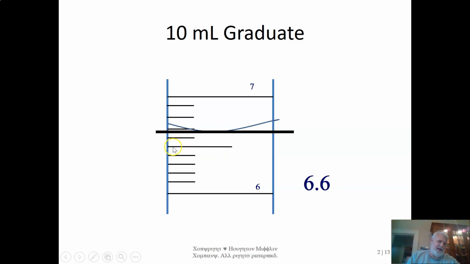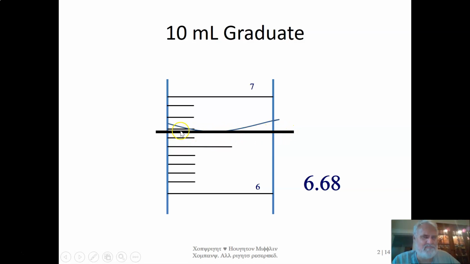Now here's the thing with significant figures and measurements. That last digit in an analog scale like this, you have to guess where that is. So you can see that it's a little past the halfway point. It's not 6.7. So 6.6, and then I just said 6.68.